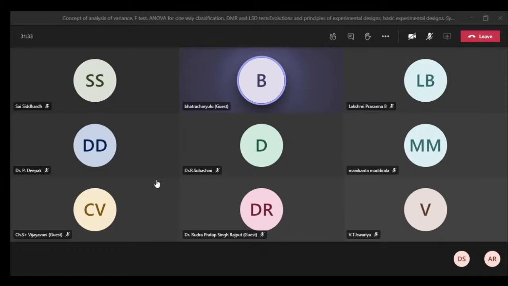Actually, today's topic is factorial experiments, and I said that I will give a demo on the practical implementation, using software, of the completely randomized design, randomized block designs, and lattice square design, and also the analysis of variance: one-way classification, two-way classification, and two-way classification with interaction.